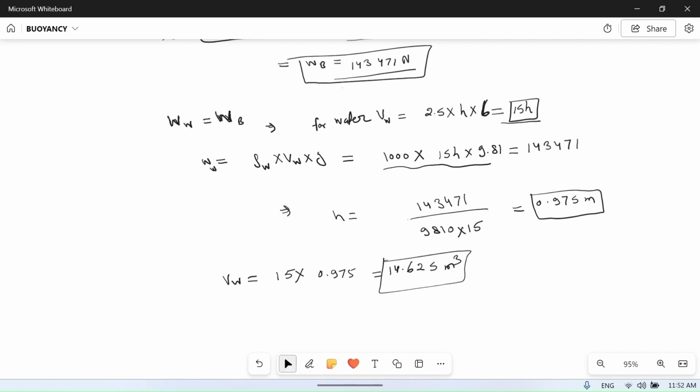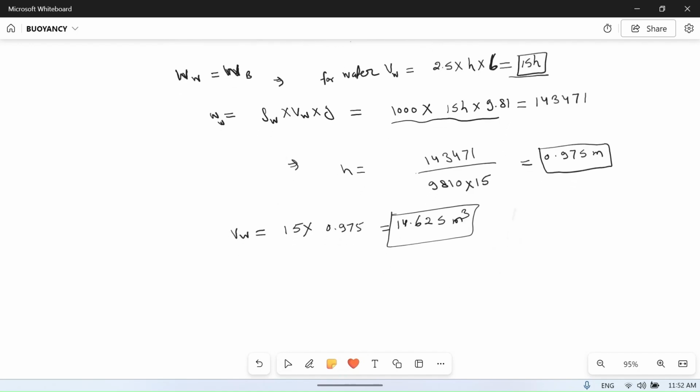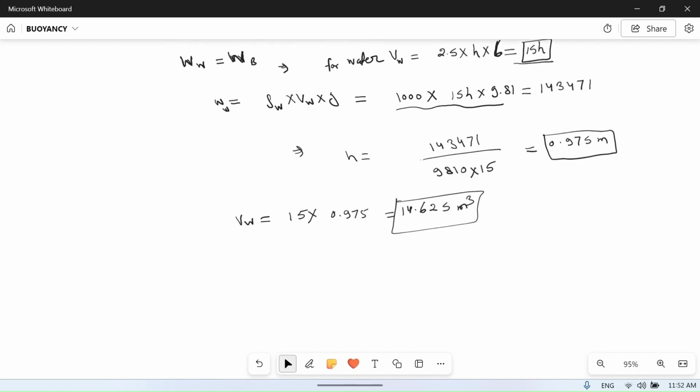So this is the volume of water which is displaced by this block. Now what is the center of buoyancy? Center of buoyancy will be equal to center of gravity of displaced liquid.